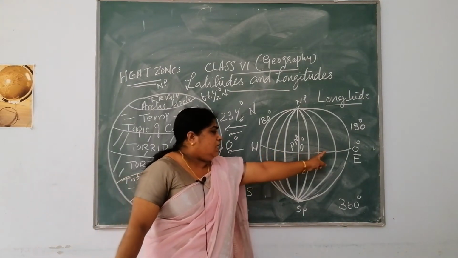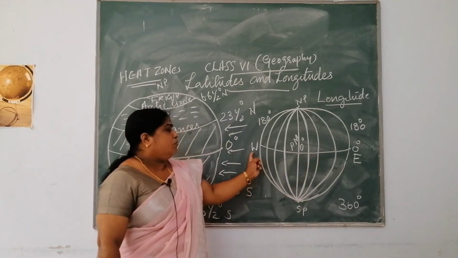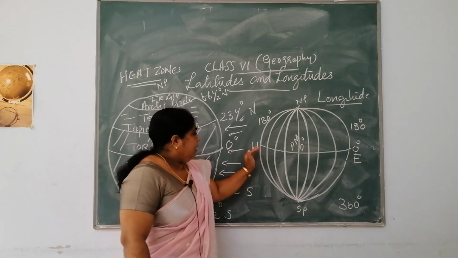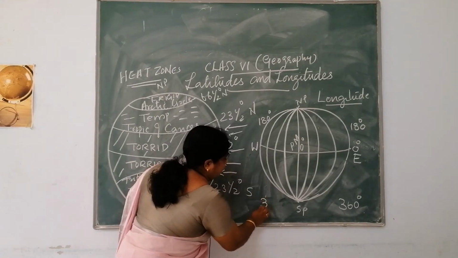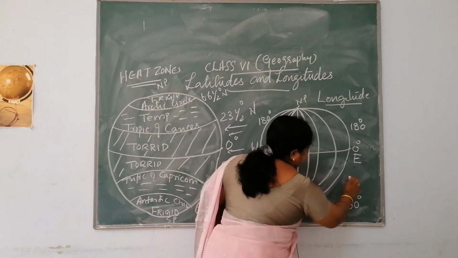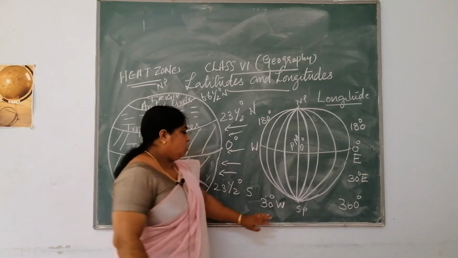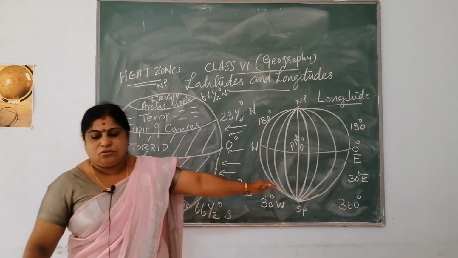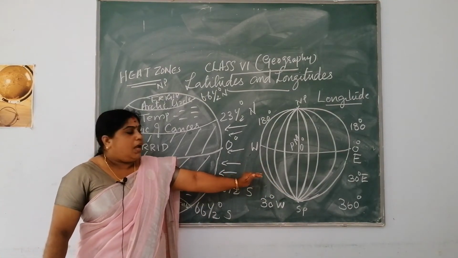The meridian towards the east will be followed by the letter E, and the meridian to the west will be followed by the letter W. If it is a 30 degree meridian in the west, you write it as 30 degrees west. If it is a 30 degree longitude in the east, you write it as 30 degrees east.